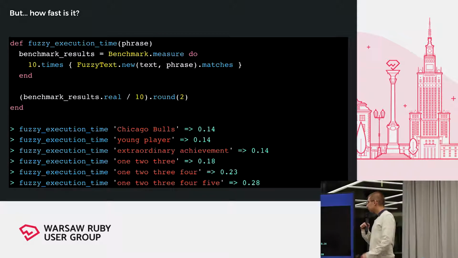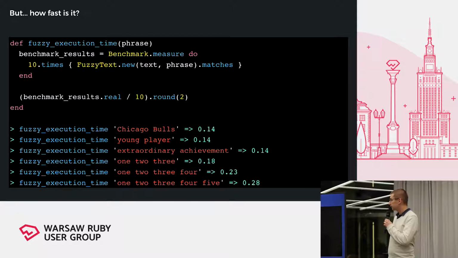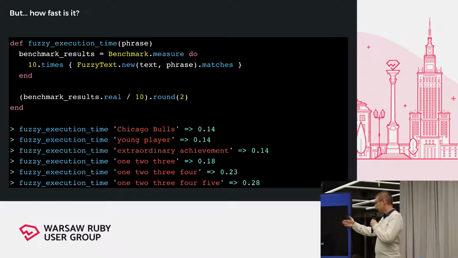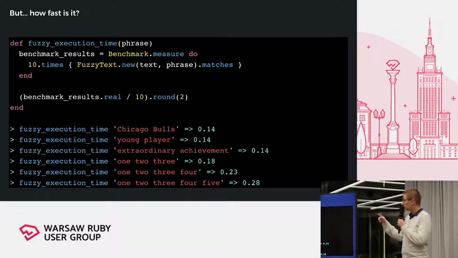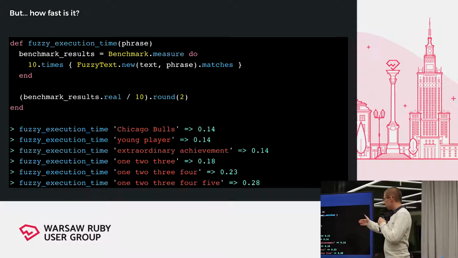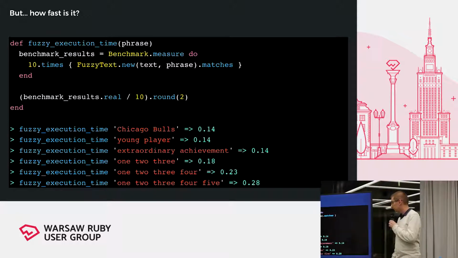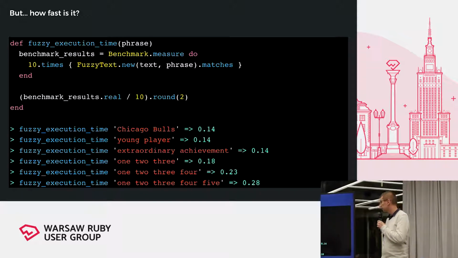I've run this algorithm and this benchmark using the first 3 phrases, longer and shorter. However, the execution time stays the same and is quite low. Again, this text is 8,000 words long. The execution time is under a second, well, far under a second, it is 140 milliseconds.